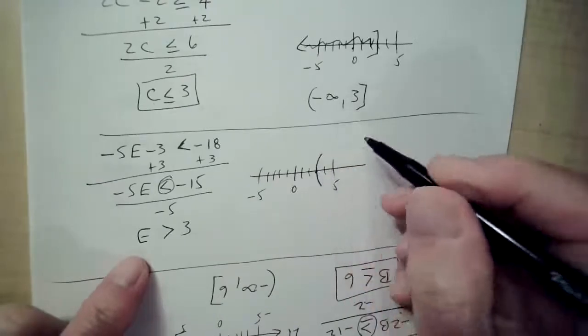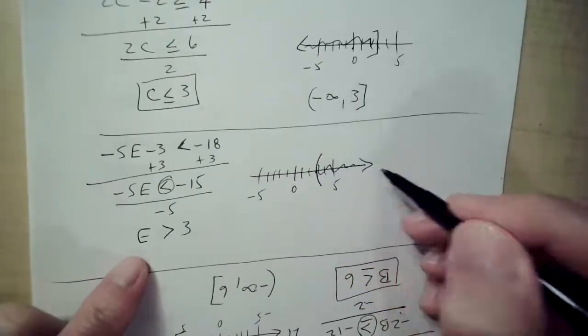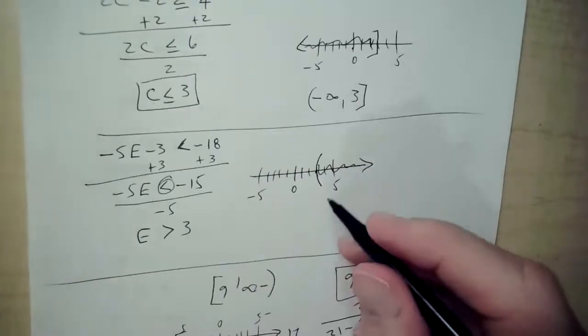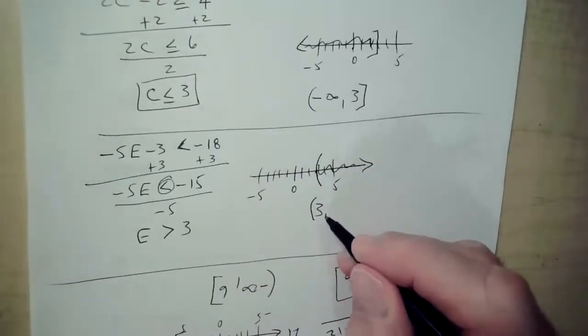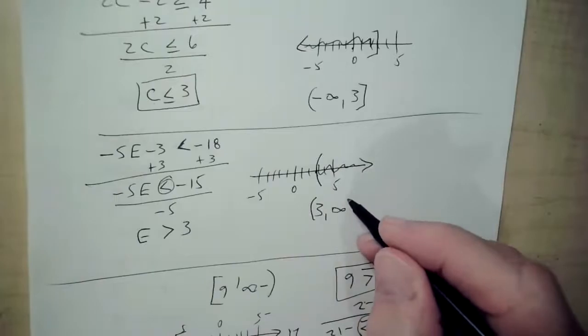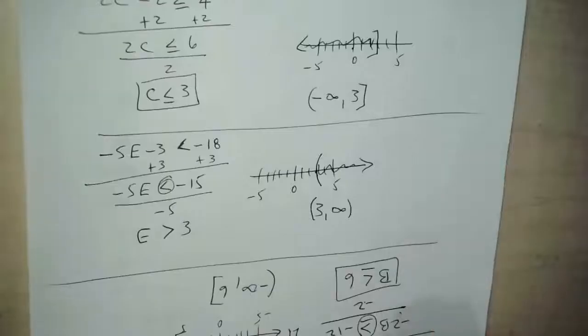Now e is greater than 3. Greater than is going to be that way. Our interval notation will be 3 with the parenthesis and infinity. It goes on forever with a parenthesis.